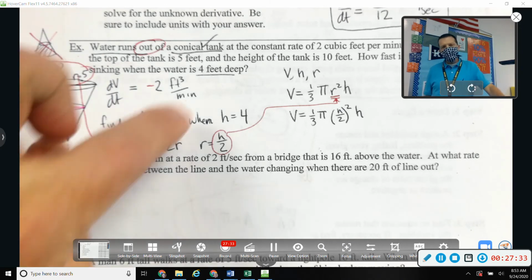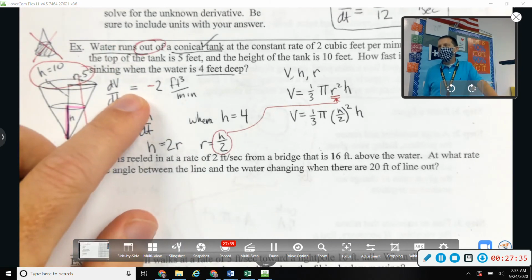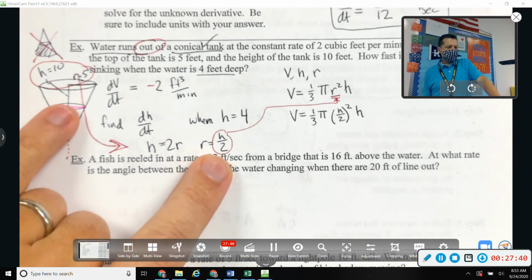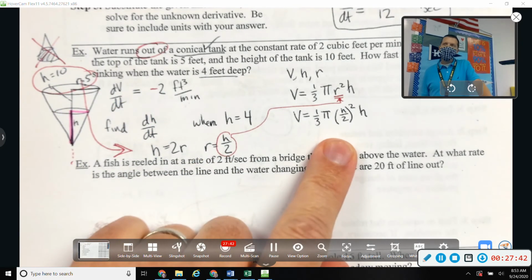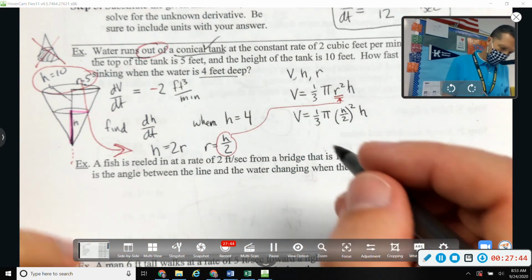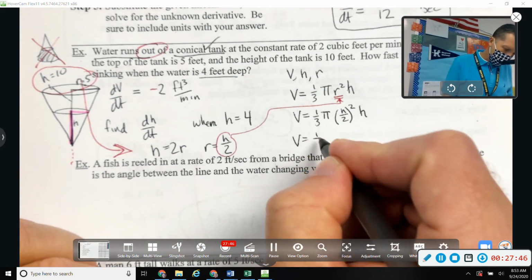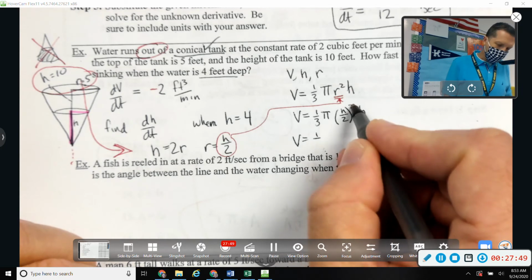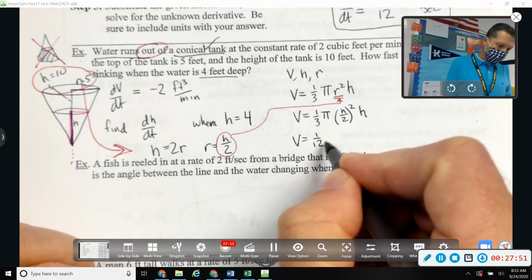This is probably the hardest piece of a related rates problem, figuring out how these variables are related so that I can get rid of one of them and not have to deal with the product rule. So 2 squared is 4, times 3 is 12.